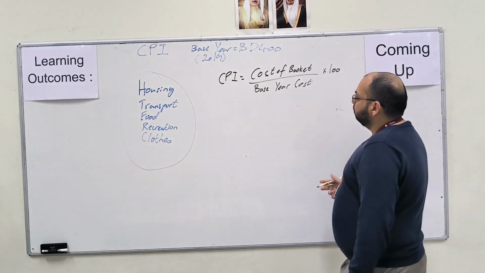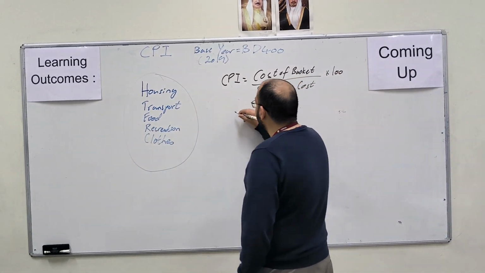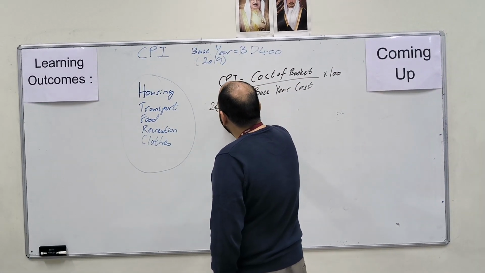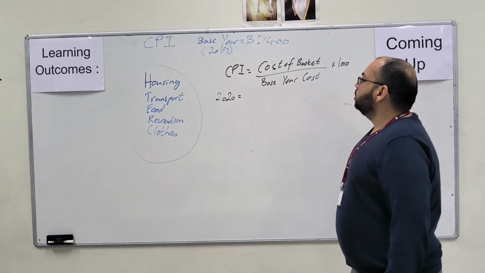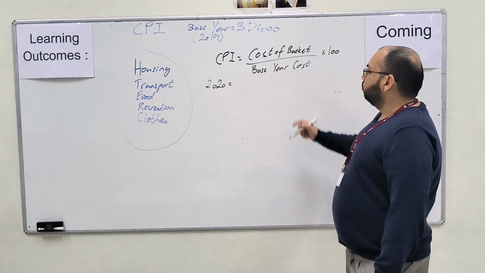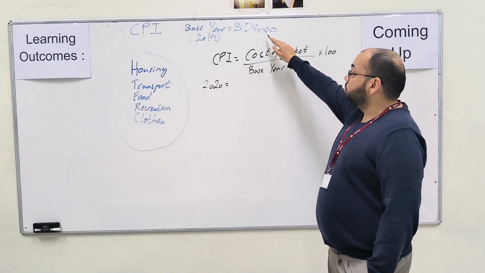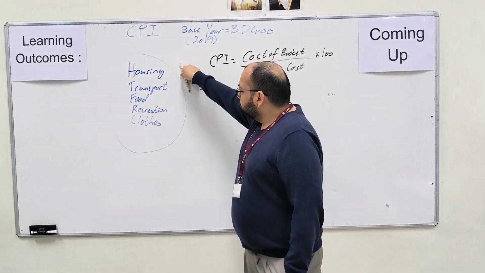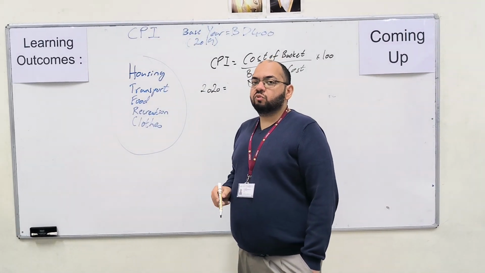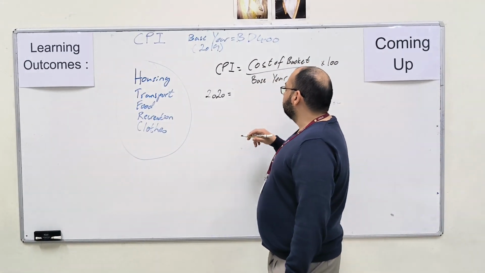So, as an example, let's say we are in 2020. In the base year, the cost of a basket of goods is 400 dinars a month. That means typically all of these things every month would cost around 400 dinars a month.